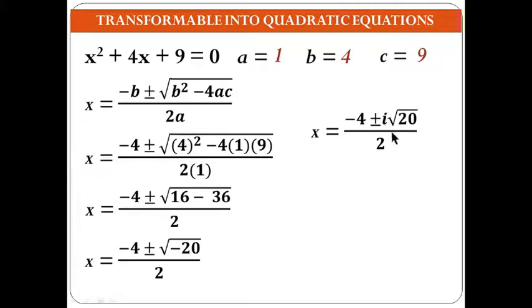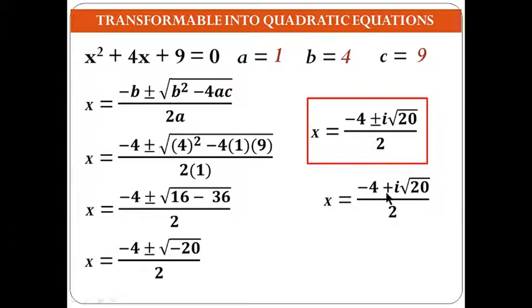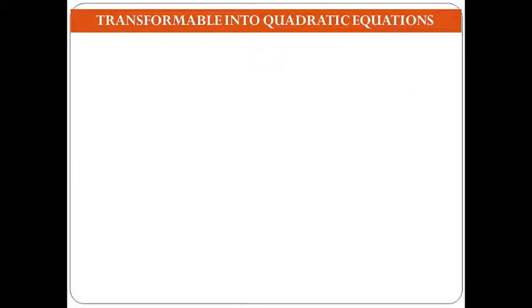So yan na yung ating i. So pag may i, ibig sabihin negative ang ating radicand over 2. So yung ating solution set ay negative 4 plus i square root of 20 over 2 and negative 4 minus i square root of 20 over 2.